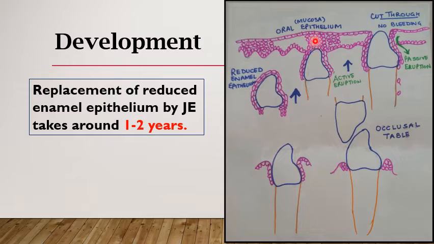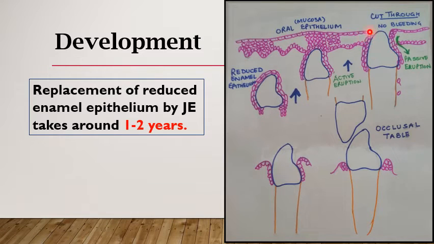As we all know, this epithelium does not have its own blood supply. So there is a split in this epithelium, and there is apoptosis, a programmed cell death of these epithelial cells. So there is a break and the tooth cuts through. The tooth erupts in the oral cavity, and there is no bleeding because no connective tissue is involved. So when these reduced enamel epithelial cells merge with the oral epithelial cells, they become junctional epithelium.